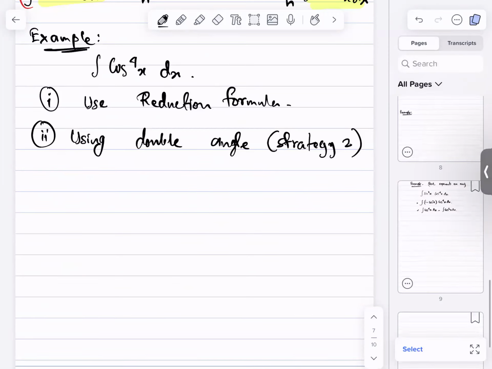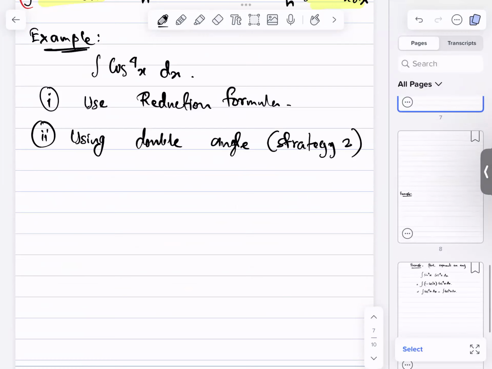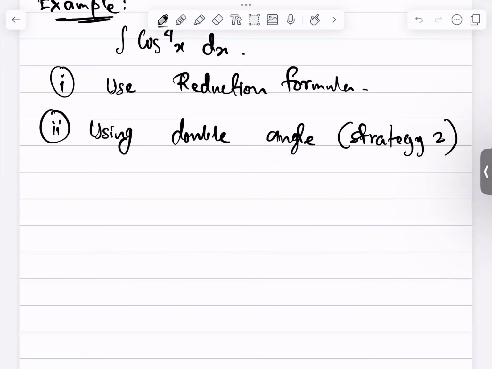One way is you can use the reduction formula straight away, and the other way is using the double angle formula, which is kind of strategy 2.